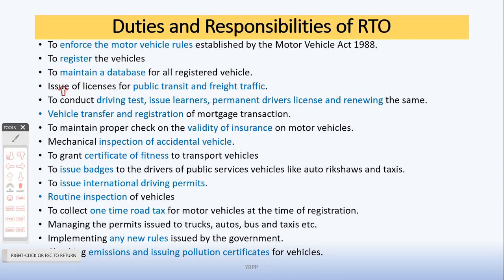Next is to maintain a database for all registered vehicles, issue licenses for public transit and freight traffic, to conduct driving tests, issue learner licenses and permanent licenses and renew them, vehicle transfer and registration of mortgage transactions, to maintain proper check on the validity of insurance on motor vehicles, and mechanical inspection of accidental vehicles.